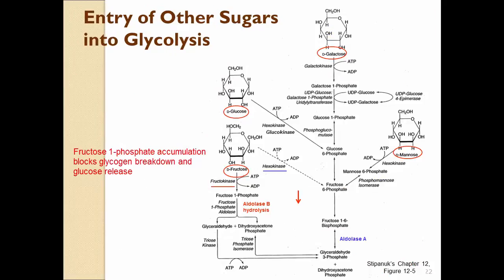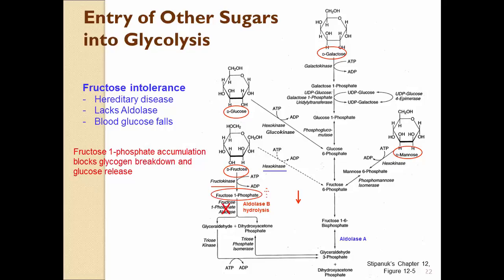And there is a kind of disease, the fructose intolerance, where the reason is the lack of this enzyme, aldolase B. Aldolase B deficiency can cause fructose 1-phosphate accumulation or buildup, and this is a strong inhibitor of glycogen breakdown, right?